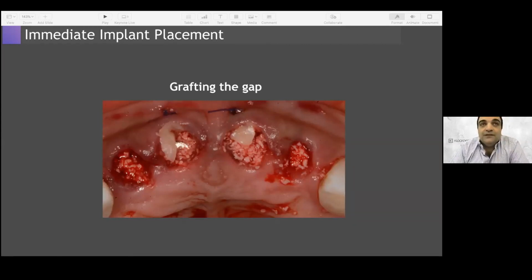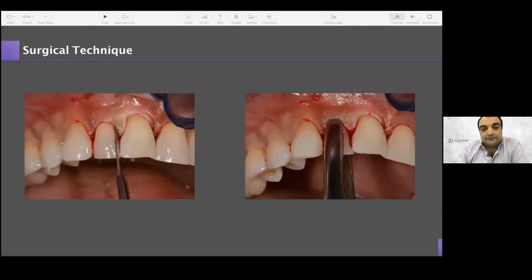When we do this technique flapless with a temporary crown or temporary bridge, the tissue, and especially the soft tissue, will be ready and will be stable after 3 months to place our final restoration. But if we do a flap, we have to wait more than 3 months.